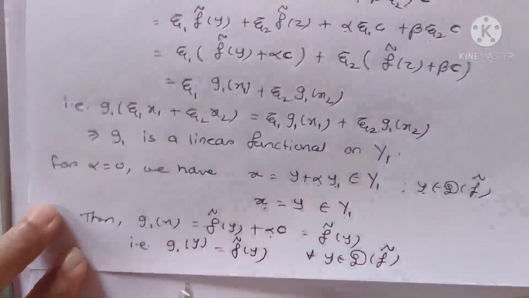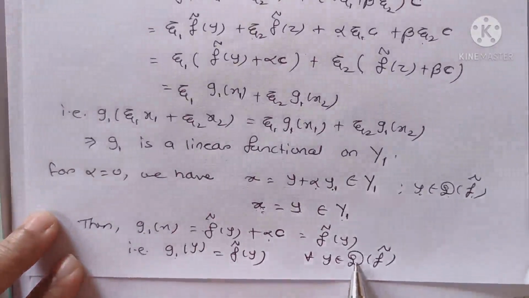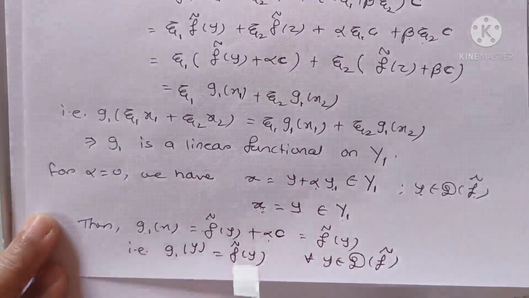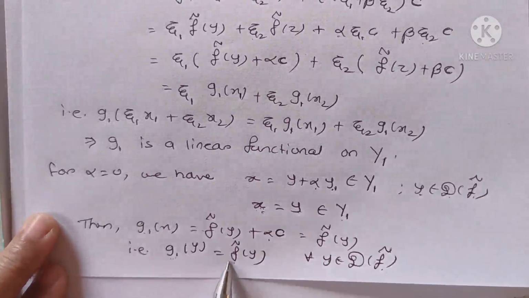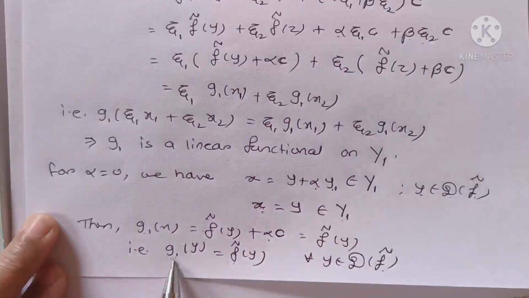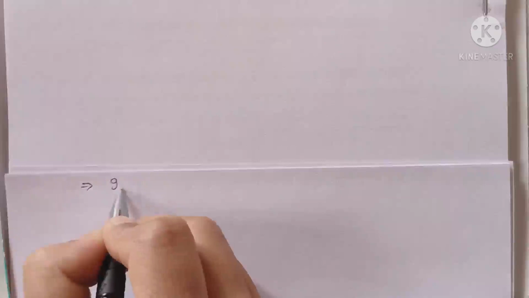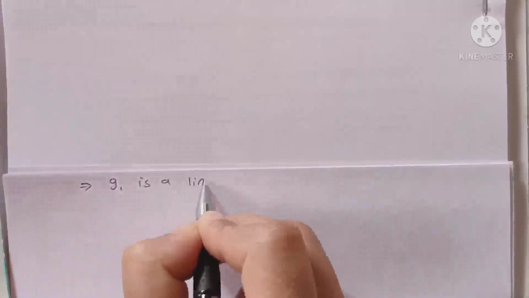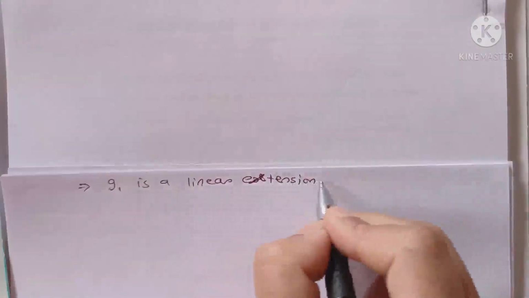That means g1 equals f tilde when g1 is defined on the domain of f tilde, and this implies that g1 is a linear extension of f tilde.